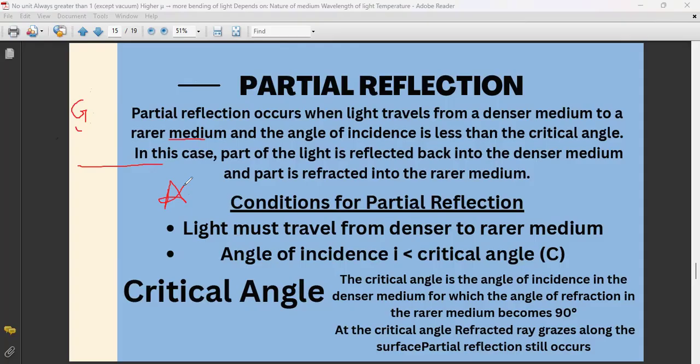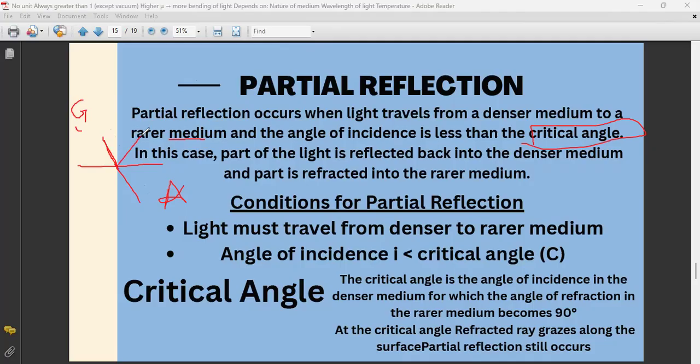The angle of incidence is less than the critical angle. Okay, now again a new term, what does it mean? The critical angle. In this case, part of the light is reflected back into the denser medium, and part is refracted into the rarer medium. So when some light ray travels into this, some of the light rays will get refracted into the air medium, but some part will get reflected into the same medium.